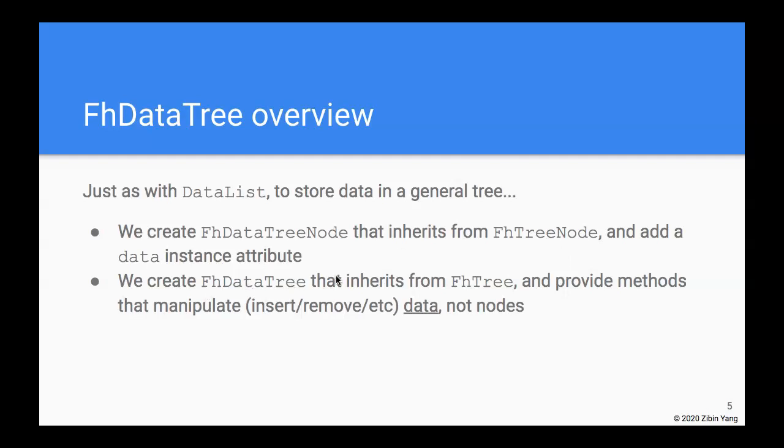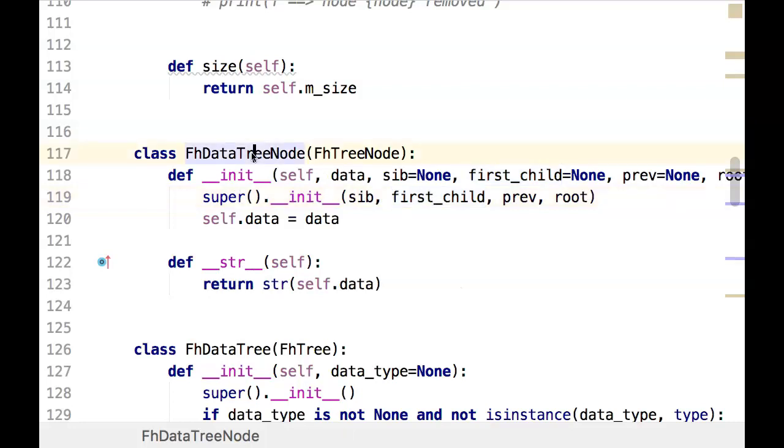Then we'll create the FhDataTree that inherits from the FhTree and provides methods that manage things like insert and remove data, but it will use the node or tree structure management functionality that's already provided by the FhTree. So let's start with the data tree node, which inherits from tree node.